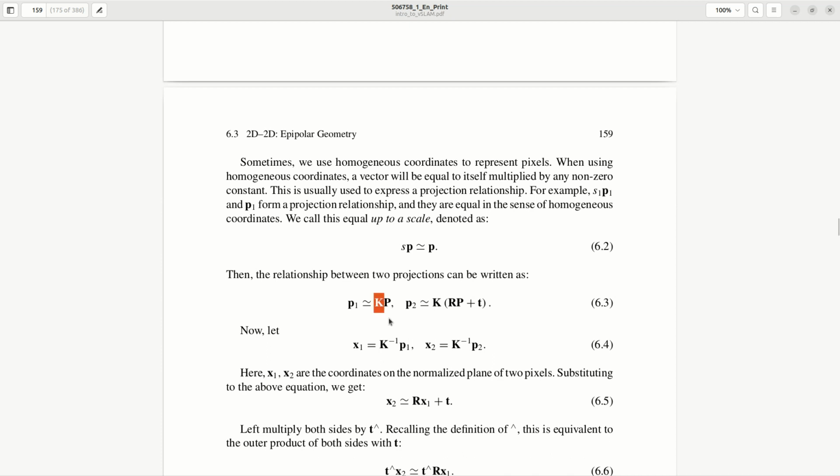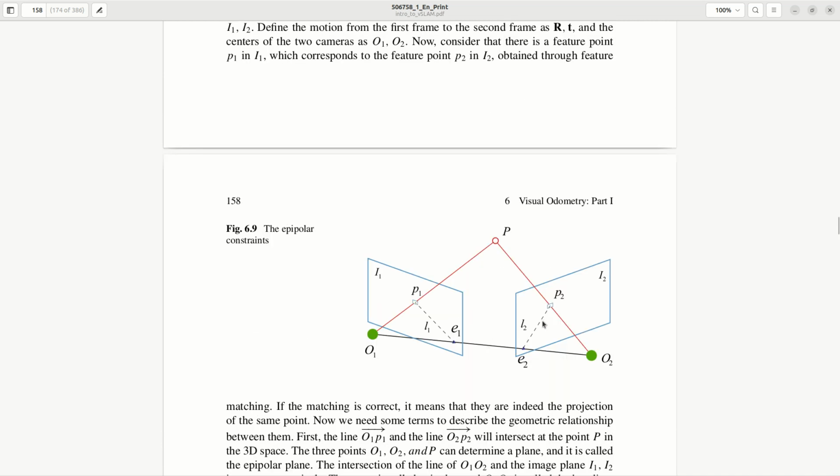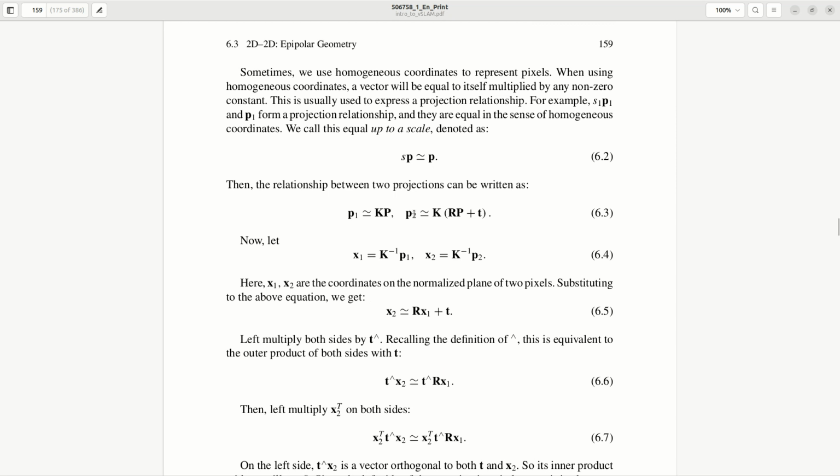So K here is the camera matrix, and KP here gives us the image coordinate using our camera model. And of course, if we treat R and T as the pose transformation between pose 1 and pose 2, we are able to express the feature point in frame 2 using this expression, right?